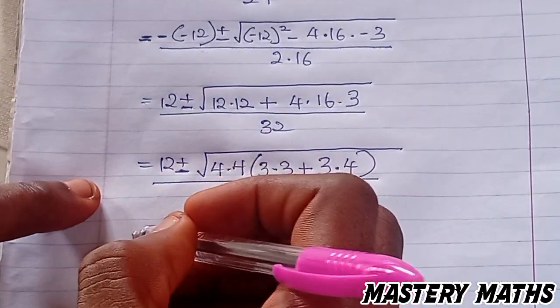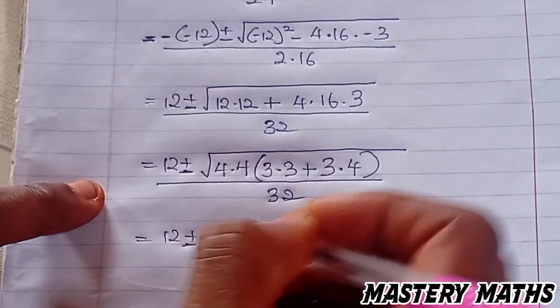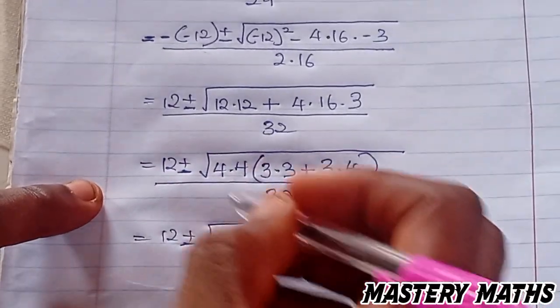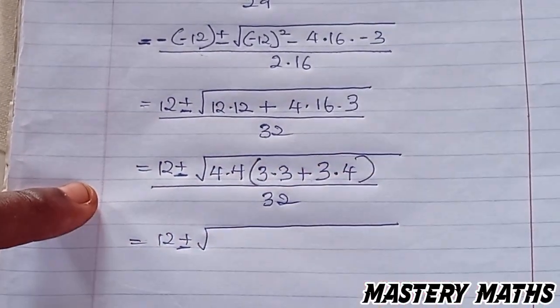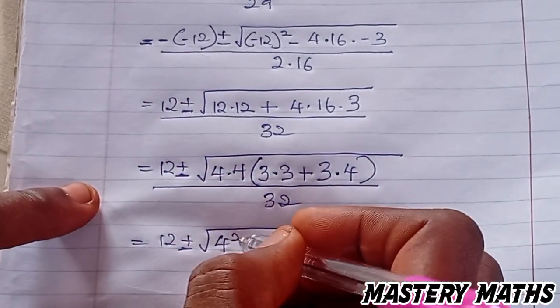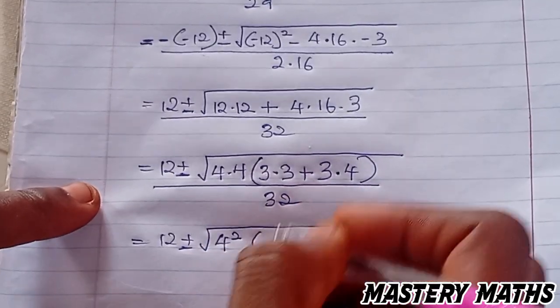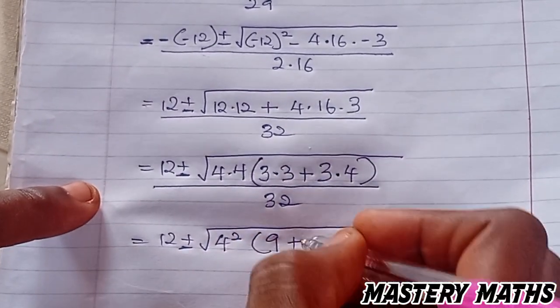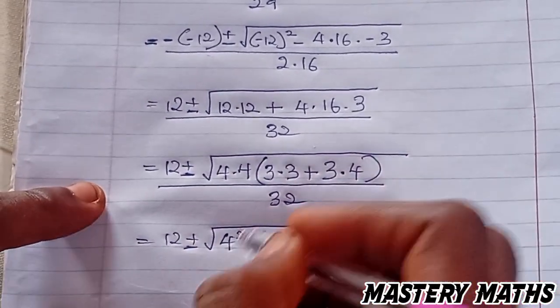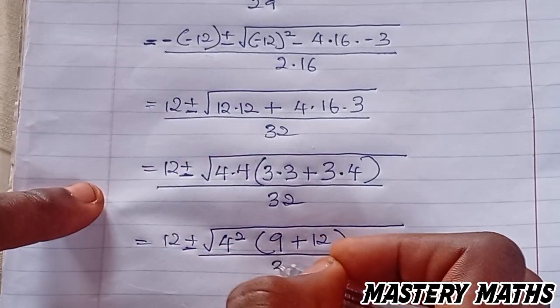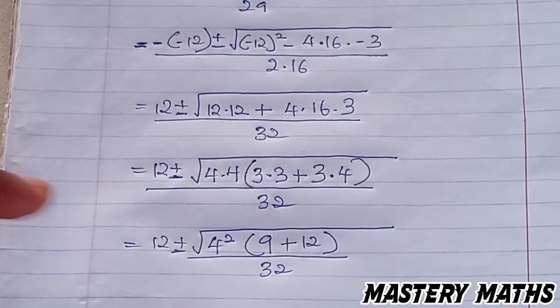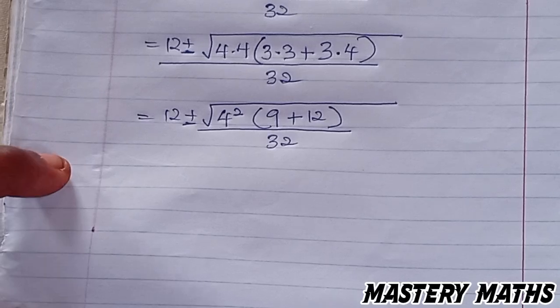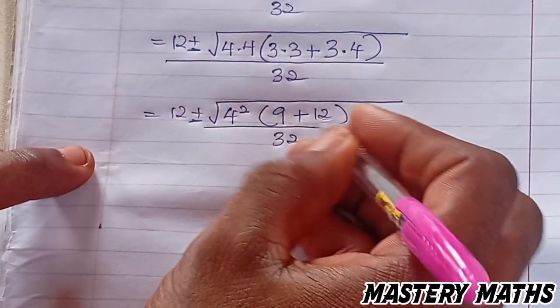Now what should you do again? You have x equal to 12 minus this. Now this 4 times 4 is the same thing as 4 raised to the power of 2, then you have 3 times 3 is 9, plus 3 times 4 is 12. Close your bracket, and you have all over 32. Now what should be the next thing here? Now we will add this together.